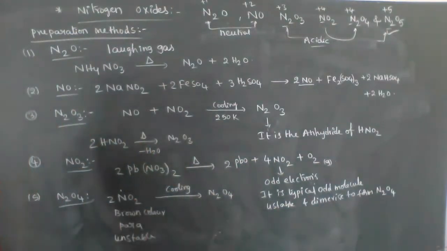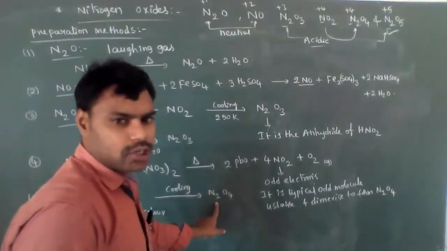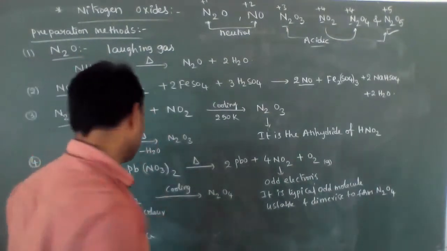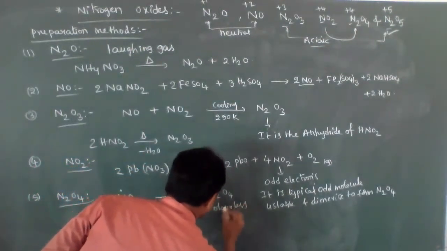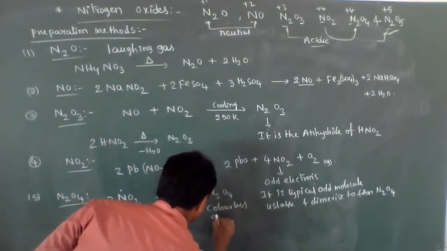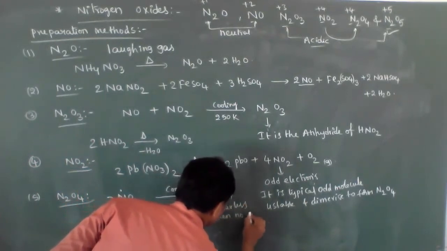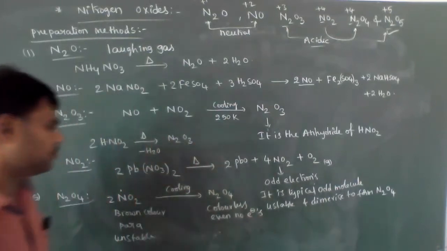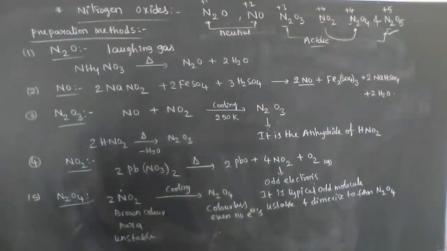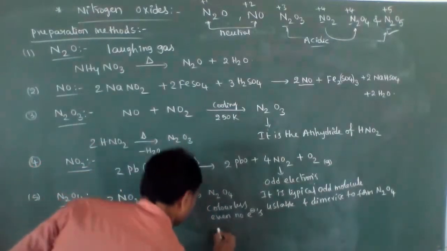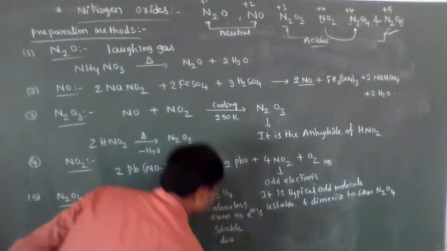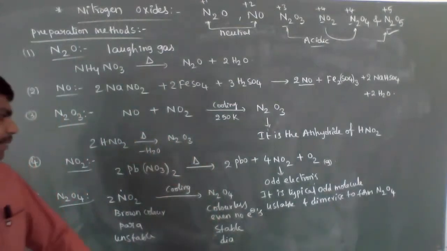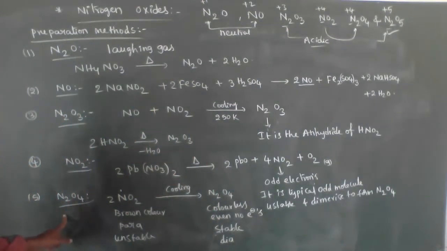N2O4 is colorless, and an even number of electrons are present. N2O4 has an even number of electrons, is colorless and stable, and diamagnetic, meaning there is no unpaired electron. So this is about N2O4.